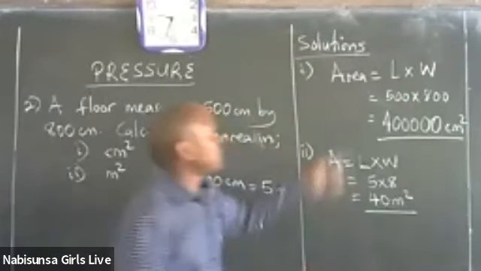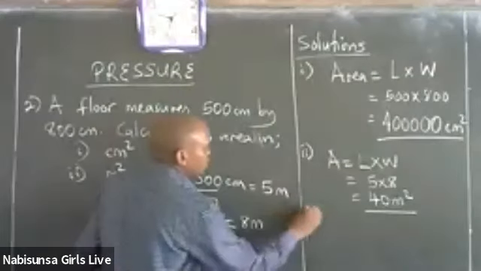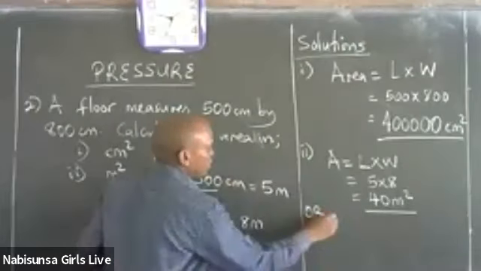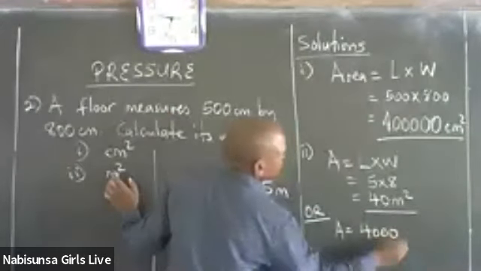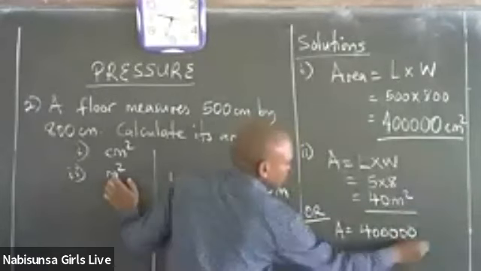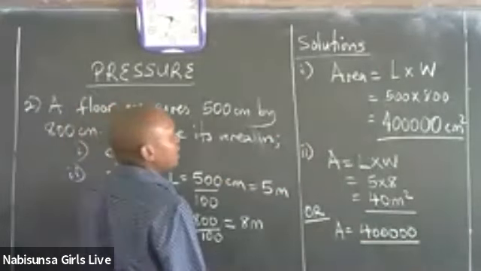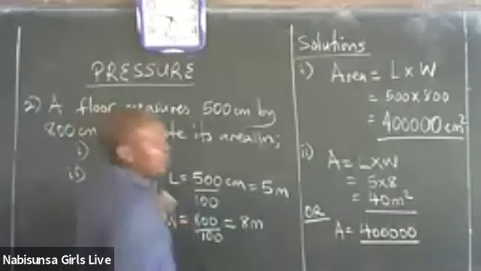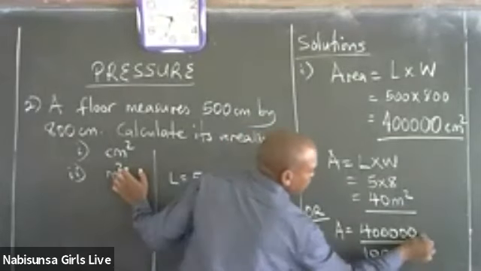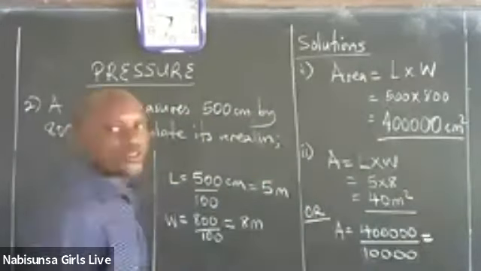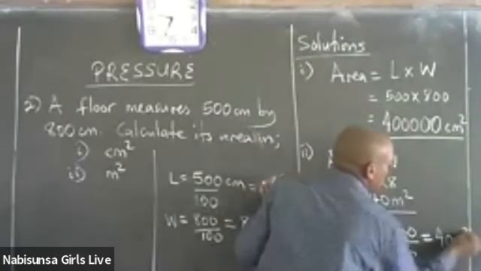Then the other way is getting the answer that we have already got, 400,000. Then this 400,000, you divide it by how many zeros? We said you divide by 4 zeros. 1, 2, 3, 4. When you divide by the 4 zeros, again, you come to the same answer.